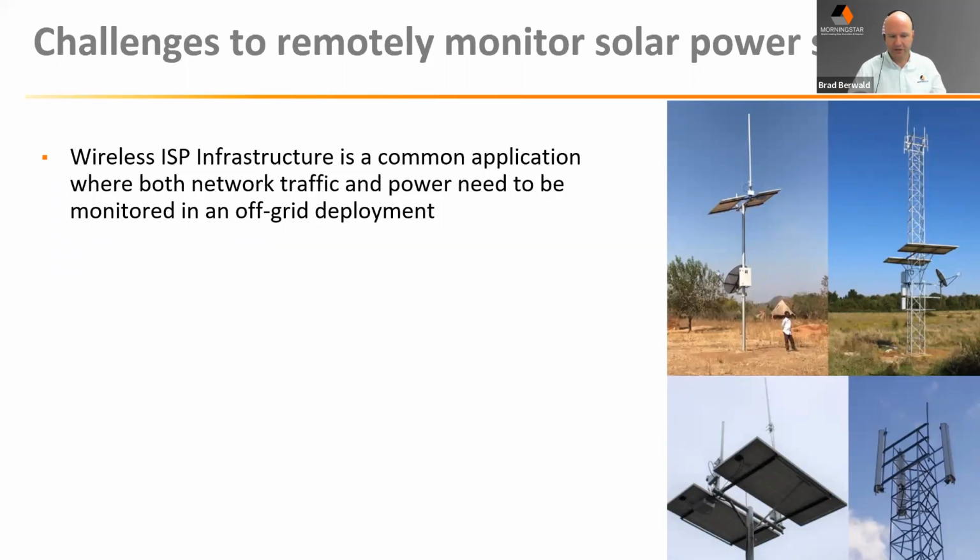So just to touch a little bit here on SNMP in more detail, this is another example of an open application where SNMP is used very widely, and that is the wireless ISP infrastructure. And you'll see that a lot, especially this last year during COVID.